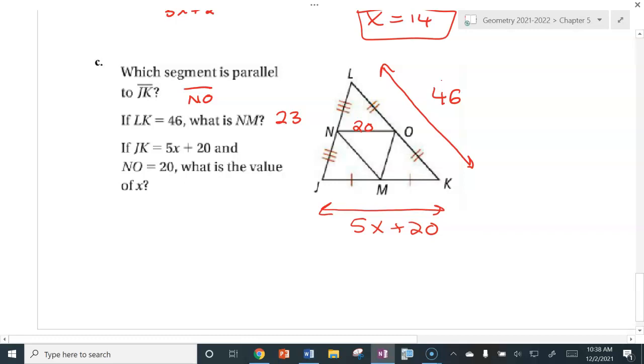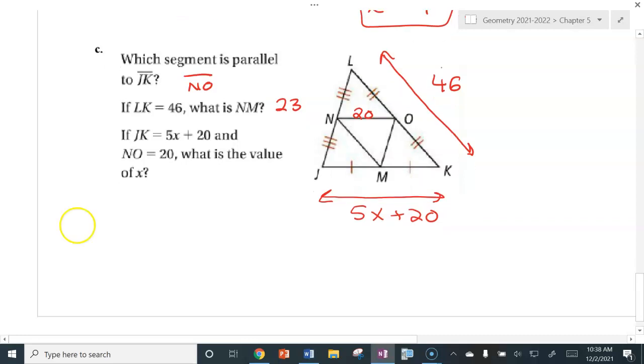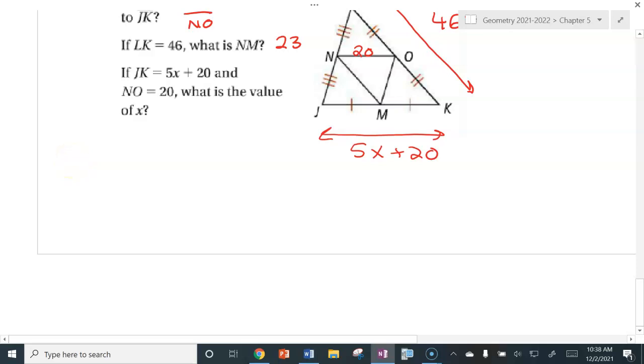You can multiply the 20 by 2, or you can take your 5x plus 20 and distribute a 1/2. So I'm just going to write this down for you. So option 1, double the 20. So I get 40 equals 5x plus 20.